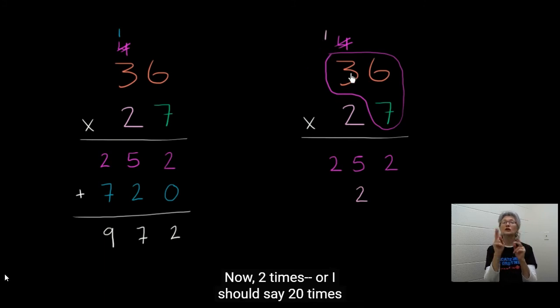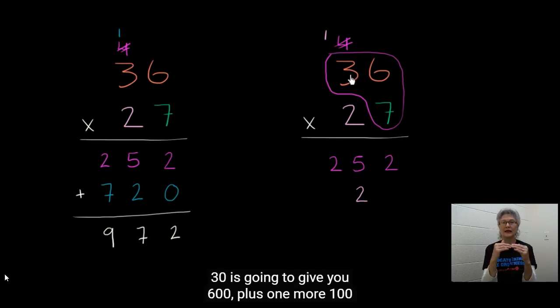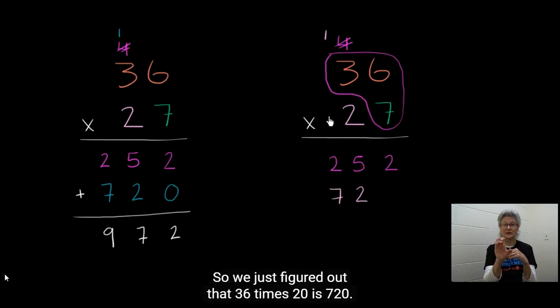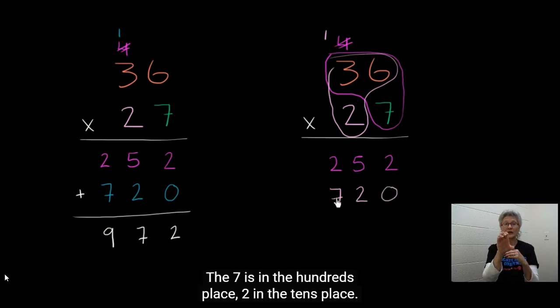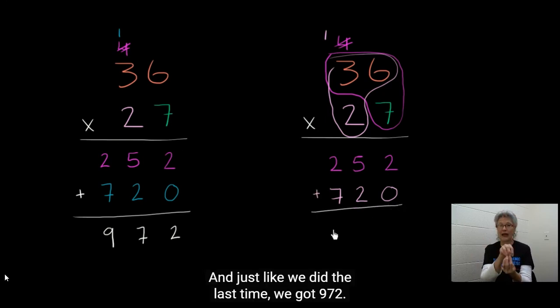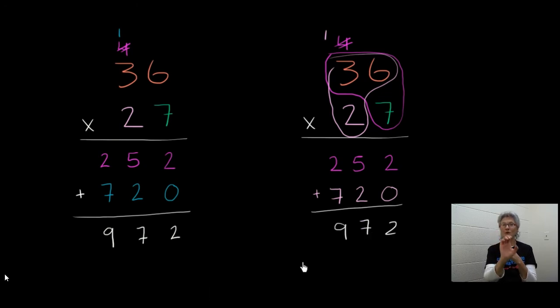Now 20 times 30 is going to give you 600, plus 1 more 100 is going to give you 700. So we just figured out that 36 times 20 is 720. This 7 is the hundreds place, 2 in the tens place. And then we can add again. And just like we did the last time, we got 972.